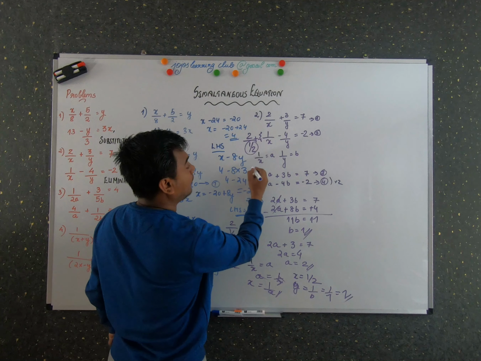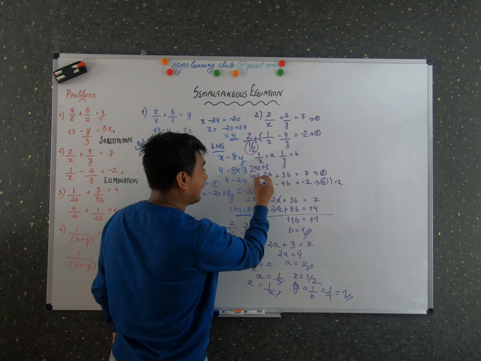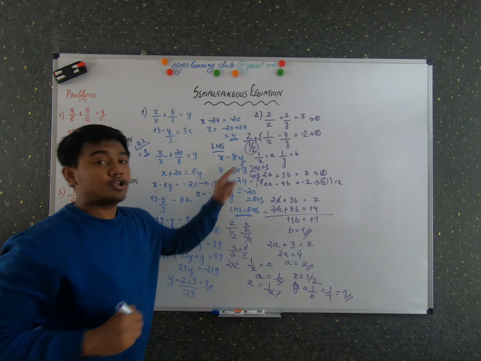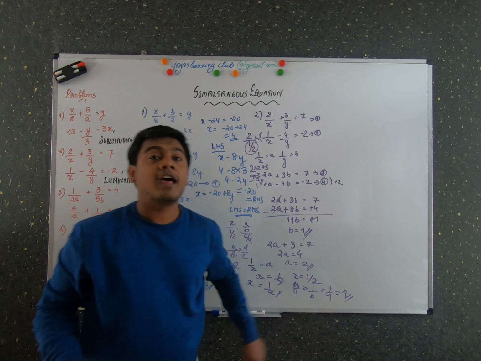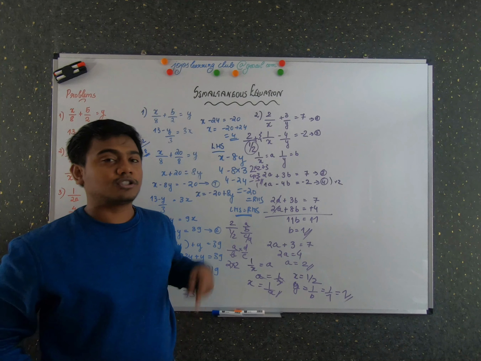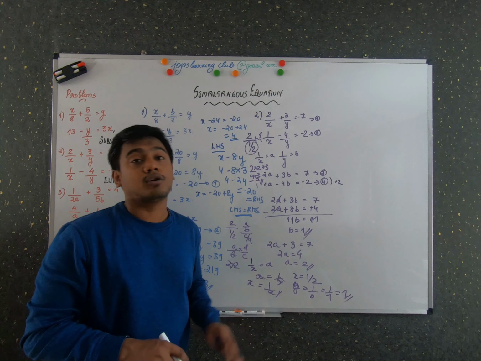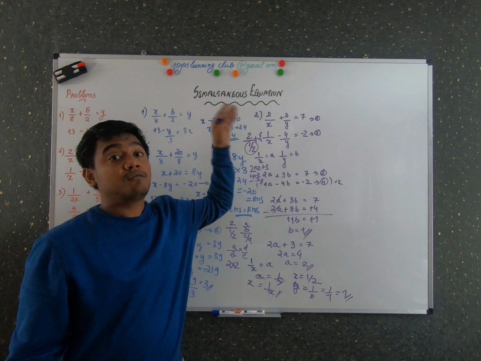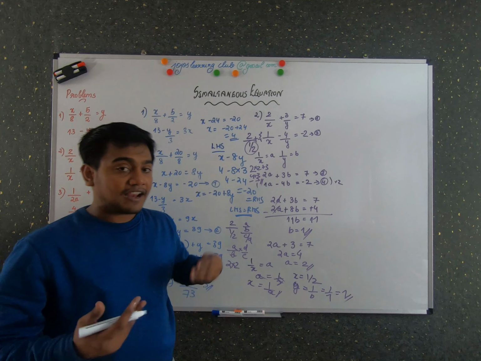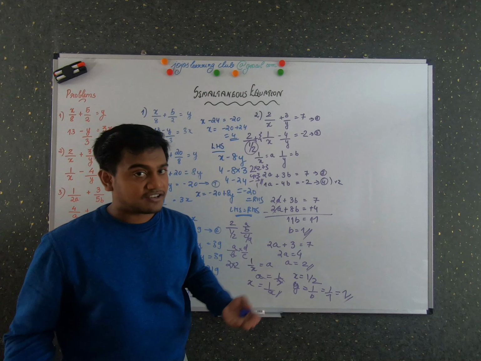So you get 2 into 2 plus 3, 4 plus 3 is equal to 7. Now you can be sure that x equal to 1 by 2 and y equal to 1 are correct. So this is how you can easily find the solutions for x and y when you have equations with unknown values as fractions.